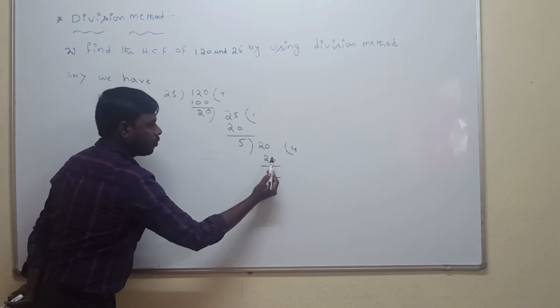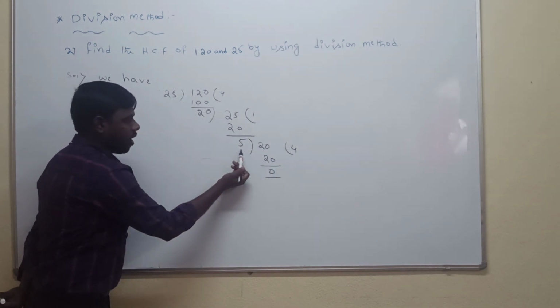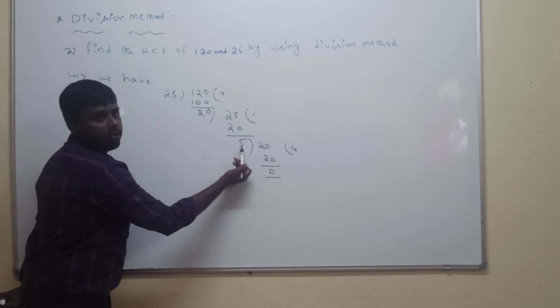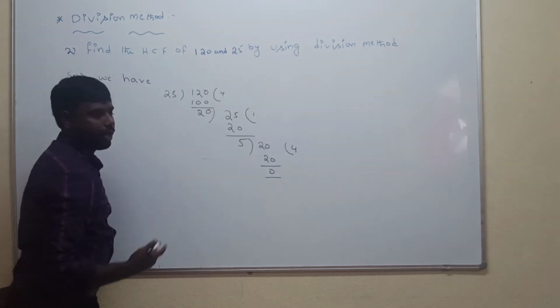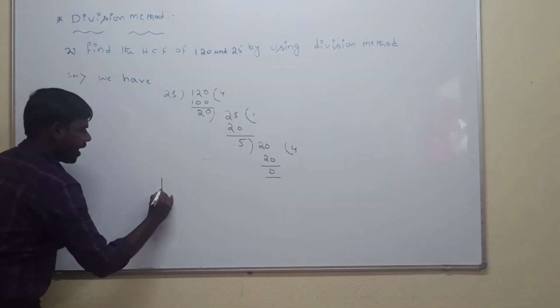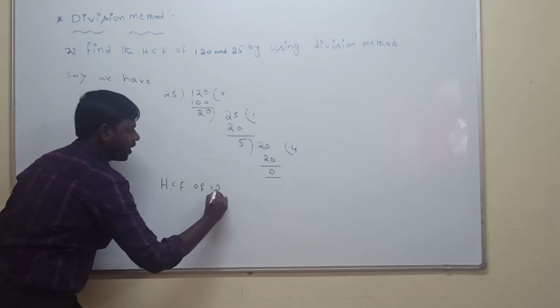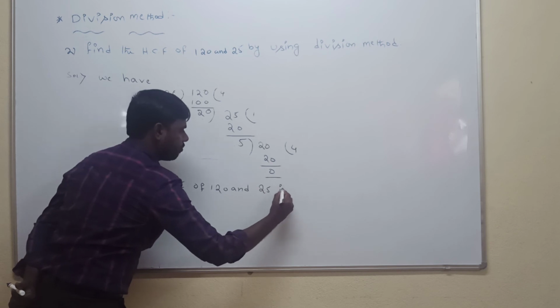So 5 4s are 20, the remainder is 0. Then the last divisor is called HCF. What is the last divisor? 5 is the last divisor. So HCF of 120 and 25 is 5.